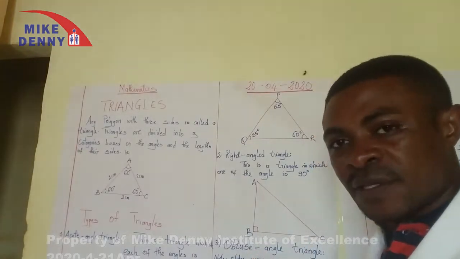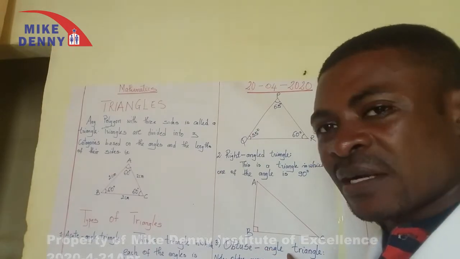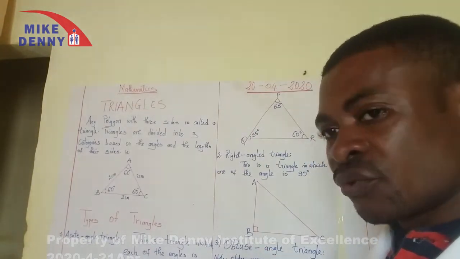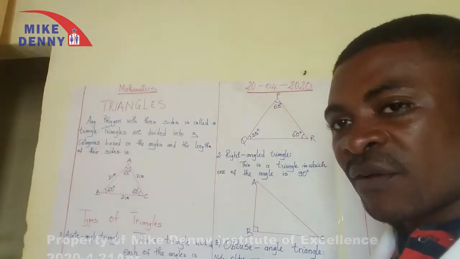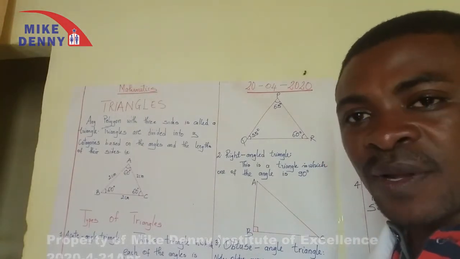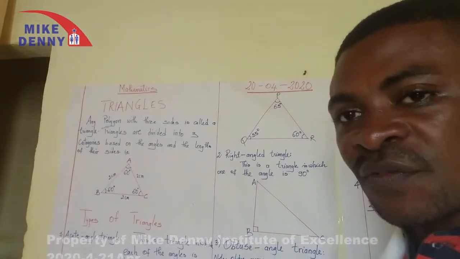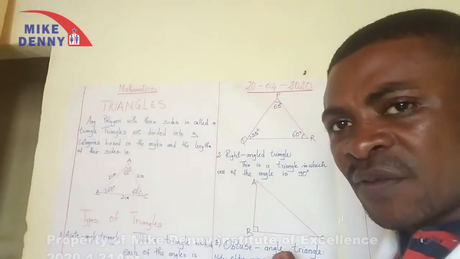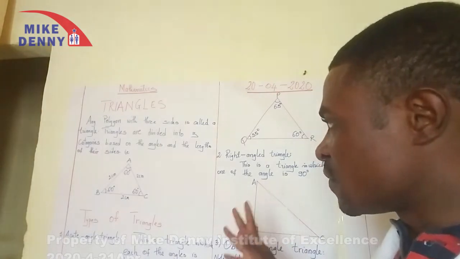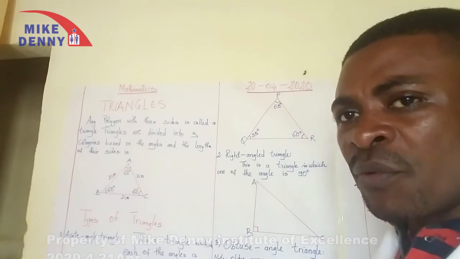And the next type now will be the obtuse angle triangle. With the obtuse angle, we should be very careful here. We know that obtuse means greater than 90 degrees but less than 180. So we are going to define the triangle based on the definition. It is already there in your notebook. I've given the definition of obtuse triangle, acute triangles, and right angle triangles.